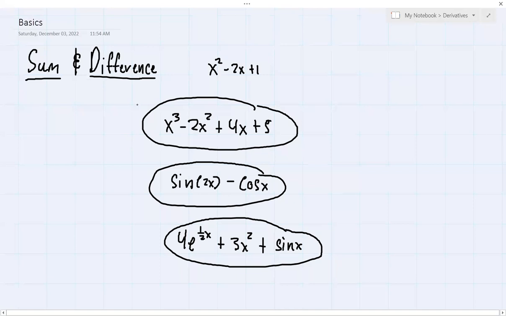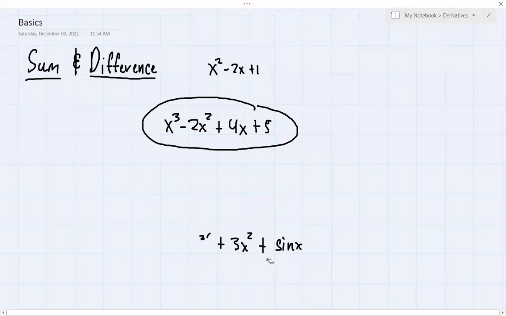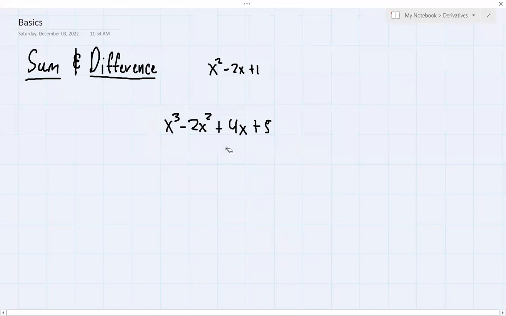Or basically, the terms are separated by addition or subtraction operation. Pero syempre, basics muna tayo. So we're not going to focus on the advanced. Rather, we're going to focus sa mga algebraic expression lang muna. Katulad nito, si x cubed minus 2x squared plus 4x plus 5. So, how are you going to differentiate an algebraic expression?